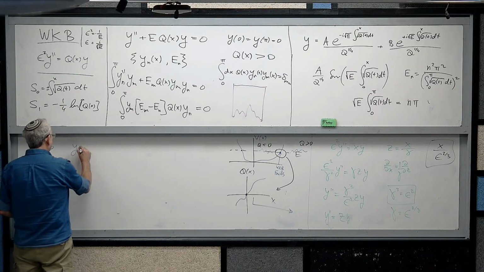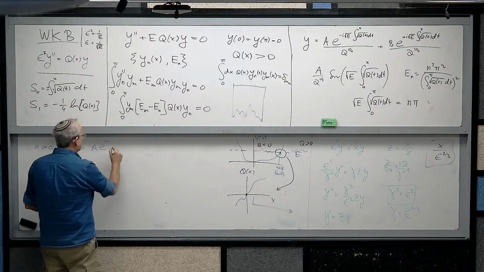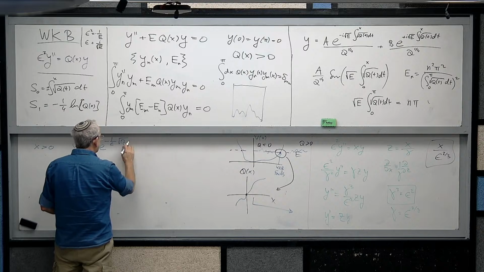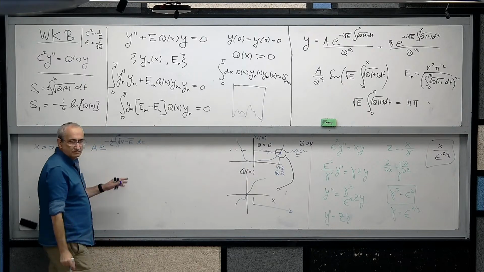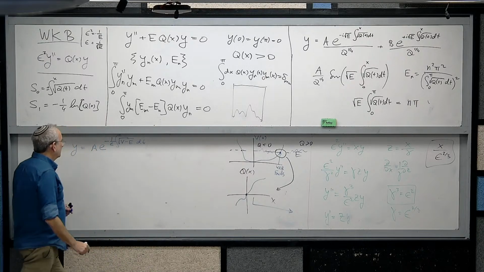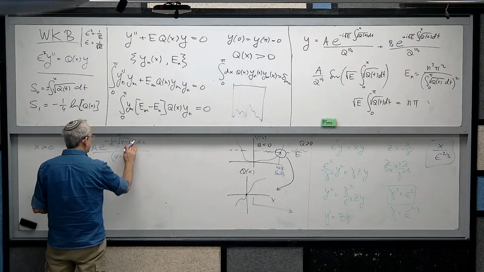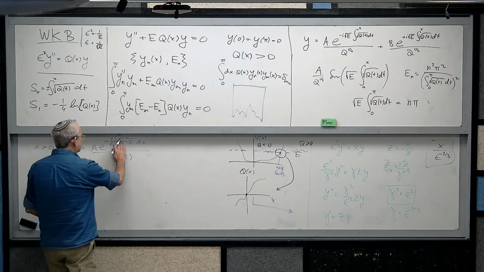I can say that y is a times e to the minus 1 over epsilon, integral over x of square root of v minus e dx, divided by v minus e to the power of, okay, I want to write v minus e as q.